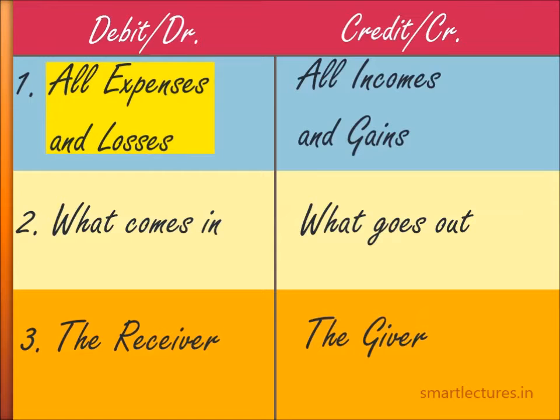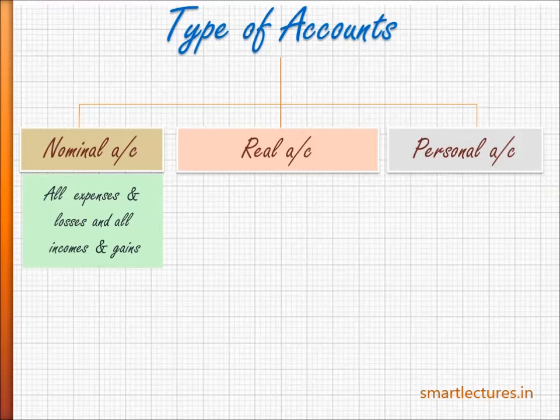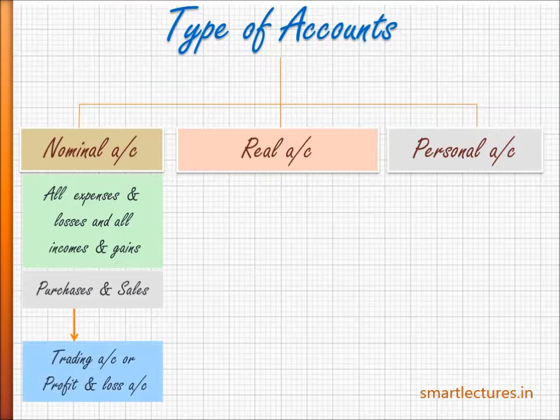Debit all expenses and losses, credit all incomes and gains. This rule is related to nominal accounts. So if you find any expense, any loss, any income, any gain, plus if you find any purchases or sales, all are nominal accounts. Nominal accounts always go to the trading account or profit and loss account.